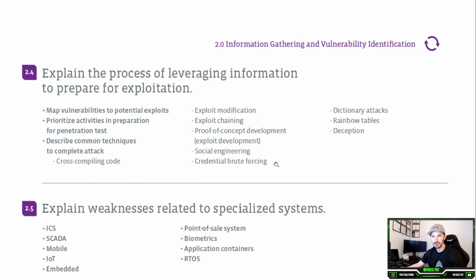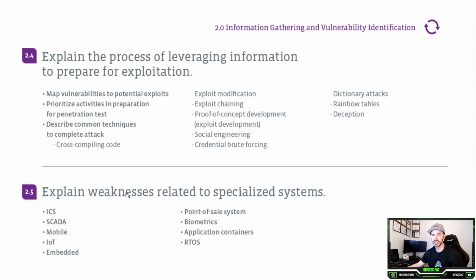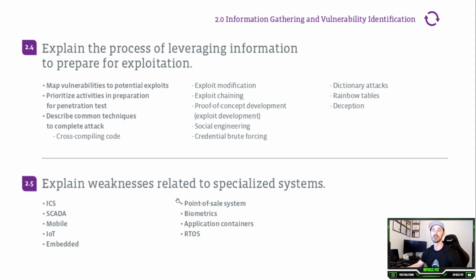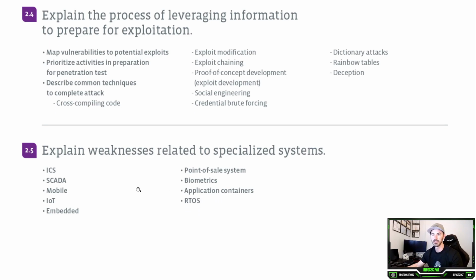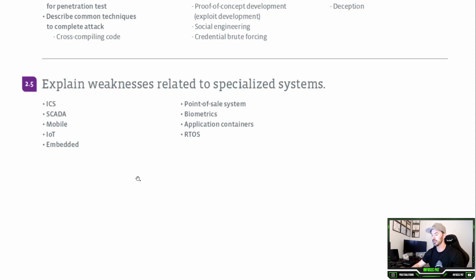So this is some critical information. Let's just keep moving. Explain weaknesses related to specialized systems: mobile, IoT, ICS, SCADA, embedded, point of sale systems, biometrics, application containers, RTOS. Okay, so let's keep going.